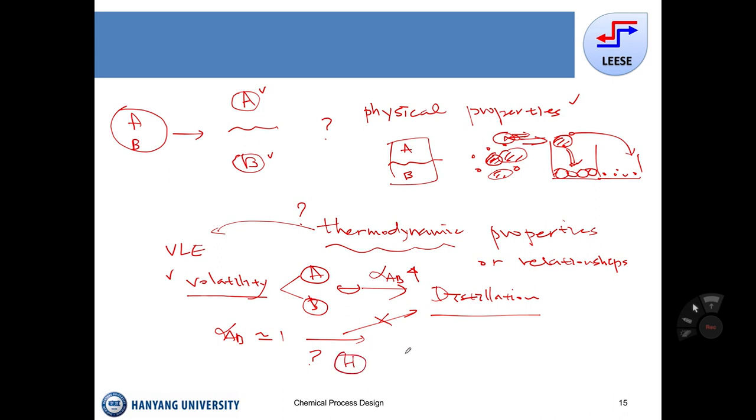If the solubility of A and B in the solvent is different, then for gases we use absorption. If the solubility is not different enough, we cannot use absorption. Then we need to check another thermodynamic property. What else? We may use liquid solubility.